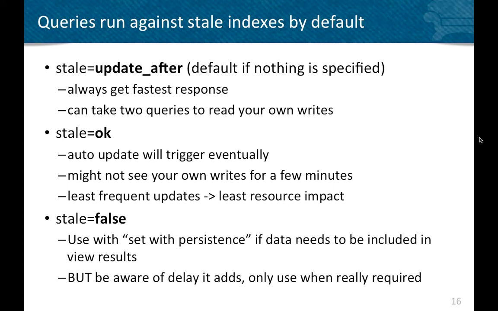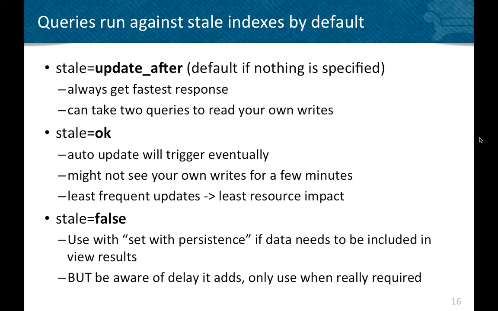But the trade-off is that when you do a write and then you immediately issue a stale equals update after query, your write will not show up in that result set because you were the person who told the view to bring itself up to date, but that happens after the query. So for use cases where you really want to show the user the result of their operation, that's when you want to use stale equals false. And there's even some more nuance to that, so we'll talk about that in a second.